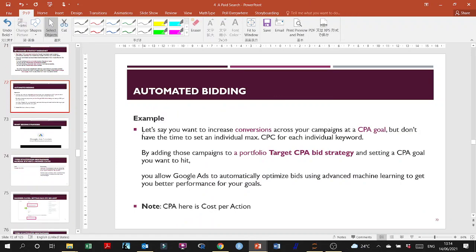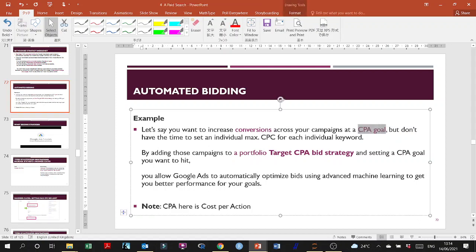All right, so let's say you want to increase conversions across your campaigns at a CPA goal, like a cost per acquisition kind of goal across all your campaigns. So it's a kind of portfolio thing, but you don't have the time to set an individual max cost per click for each individual keyword.